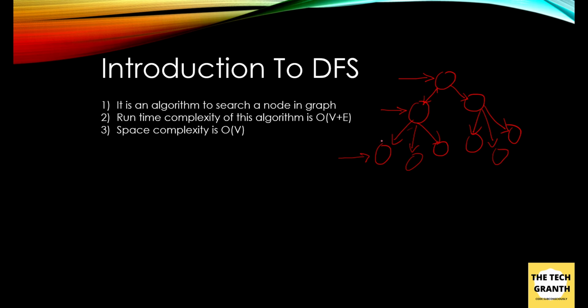In case of DFS, since we go depth wise, the processing will be this way. We'll go from here, then to here, then to here, and then we trace back to this vertex and come back here. So at max we are storing only these three vertices.